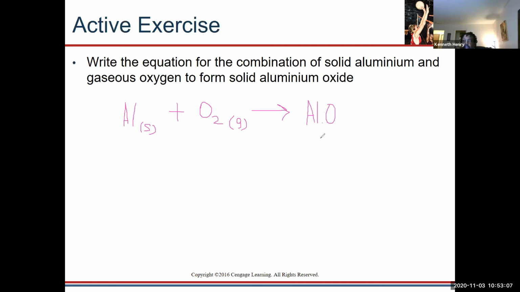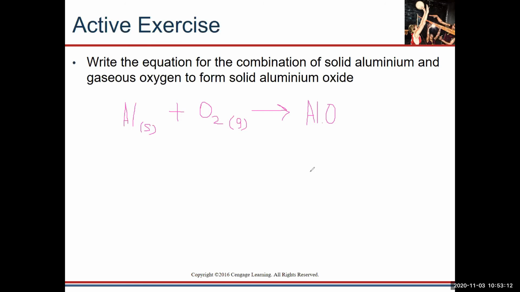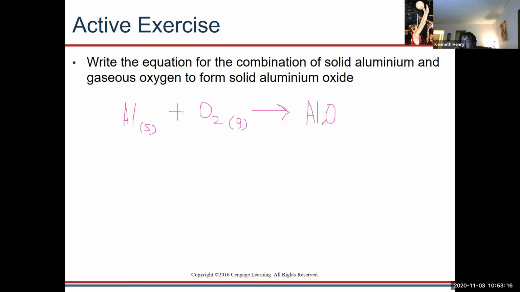So how am I going to balance this out? Aluminum has what charge? +3. Al2 O3. Yes, because aluminum has a +3 charge, oxygen has a -2 charge, and when you put them together you need 2 aluminums to balance out the 3 oxygens.